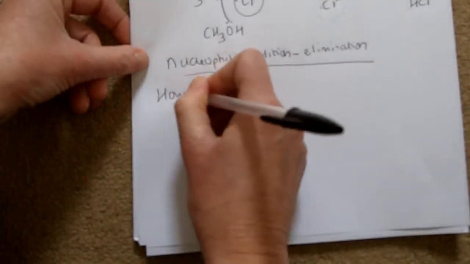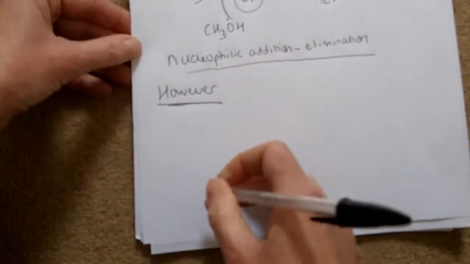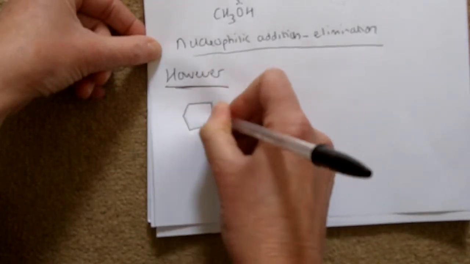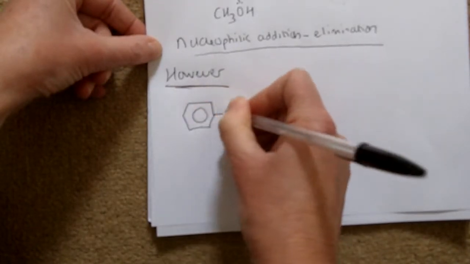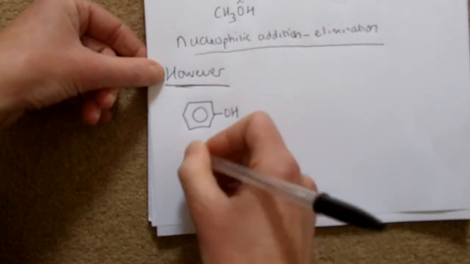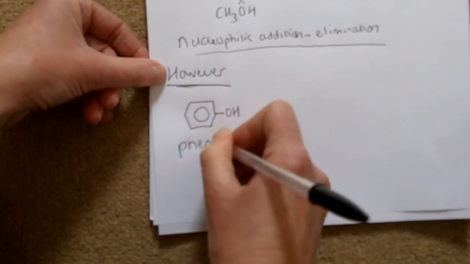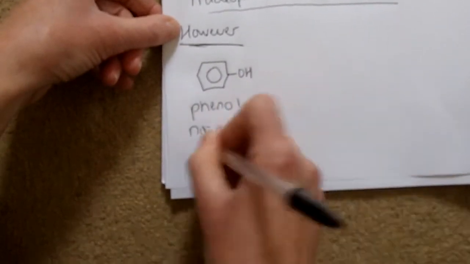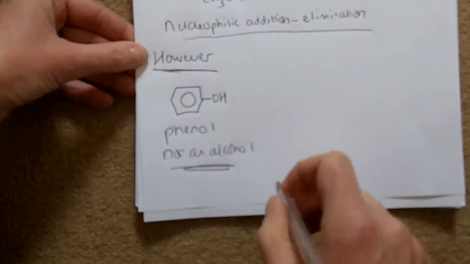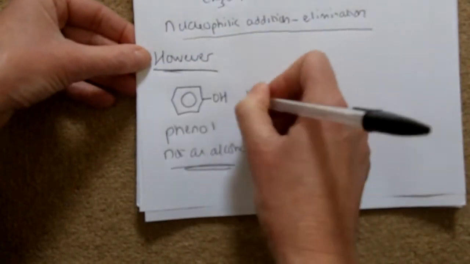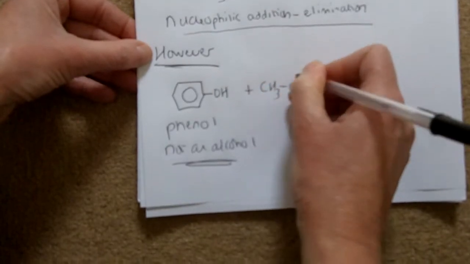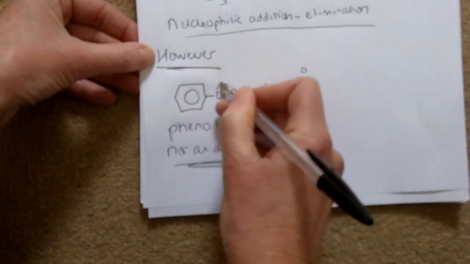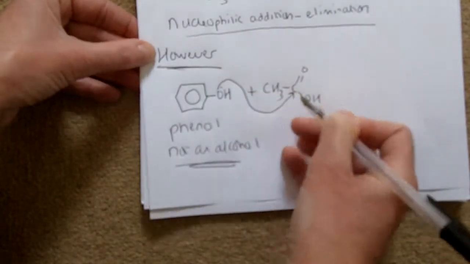However, there is an exception. There are some exceptions. If you take not an alcohol, but a benzene ring with an OH, which is not an alcohol, it's called a phenol. You cannot make an ester with a carboxylic acid. If you take a carboxylic acid and you try and make an ester like that, that does not work.